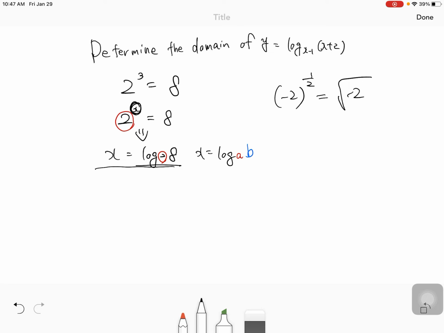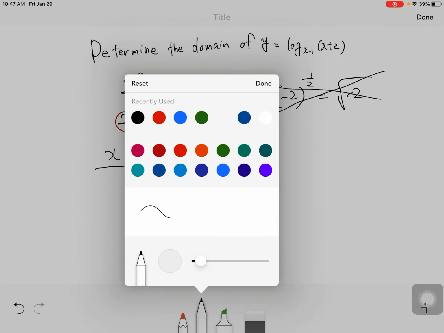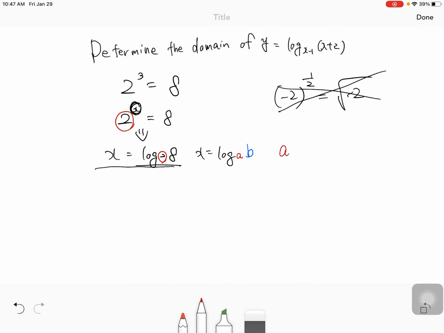But you know, underneath a square root cannot be negative, so this doesn't work. That's why the value of the base has to be bigger than 0. That's one condition of a logarithm function.